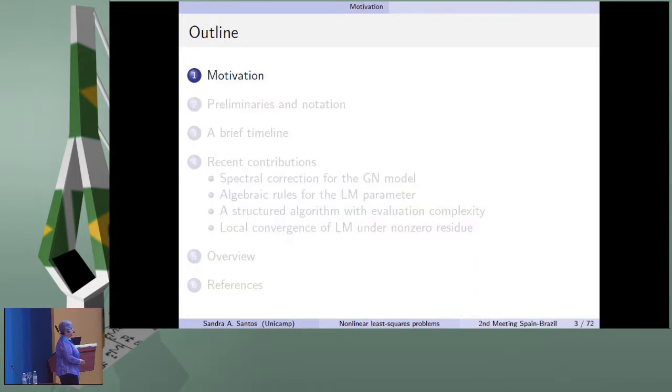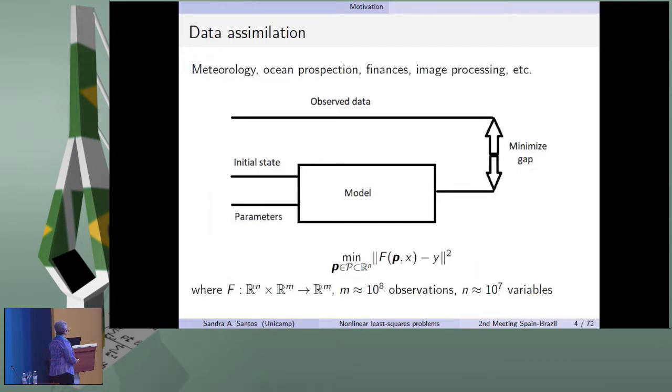So for the sake of motivation, I will talk a little bit about data assimilation. This is an applied context in which nonlinear least squares appears very much. Basically, we have observed data and a model which is built based on initial state and parameters that have to be adjusted.